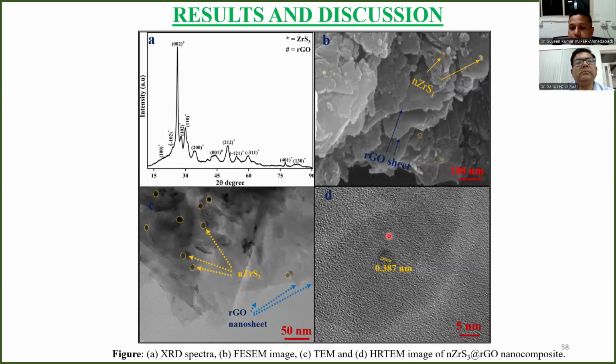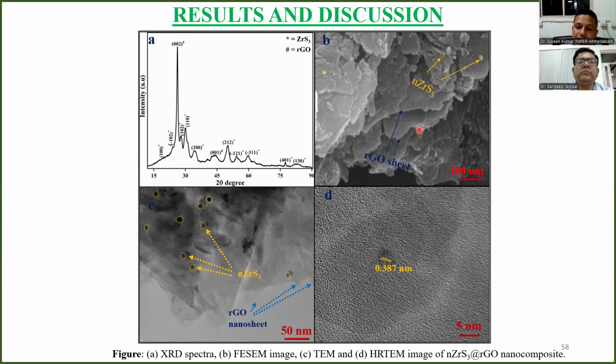Just like the previous one, we did some basic characterization, such as XRD, scanning electron microscopy, and transmission electron microscopy. The obtained XRD graph matches well with the JCPDS data, and the SEM image indicates the presence of some nanoparticles on the reduced graphene oxide.